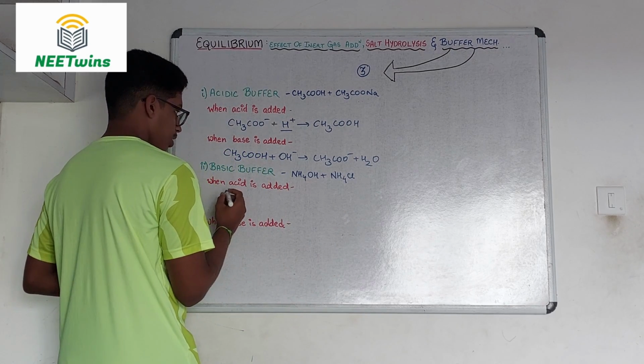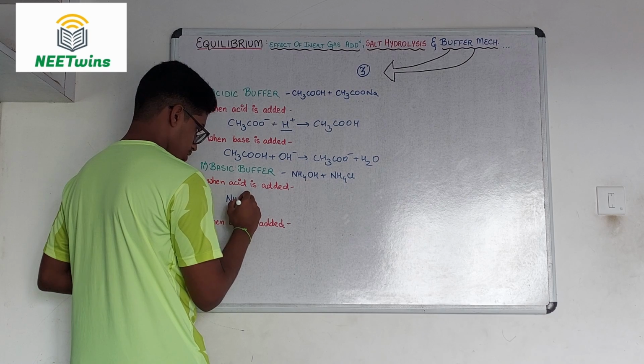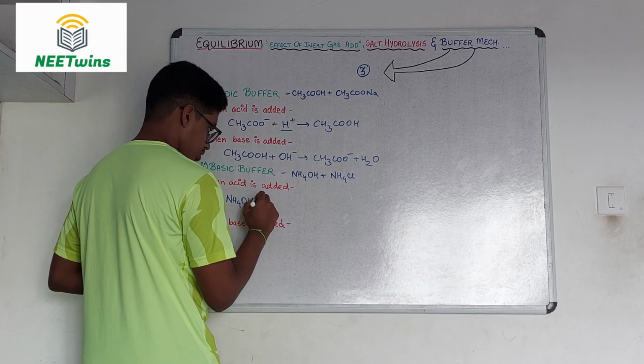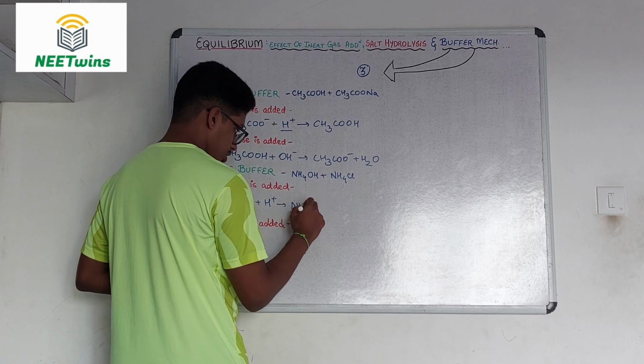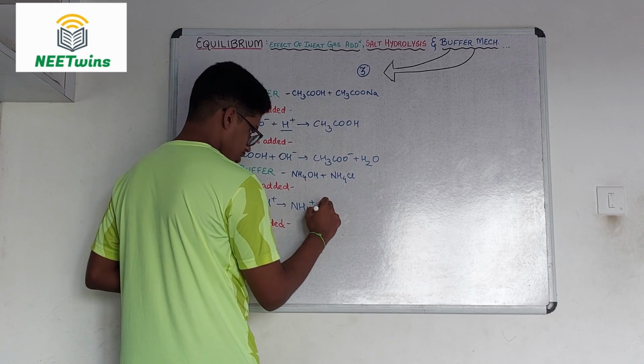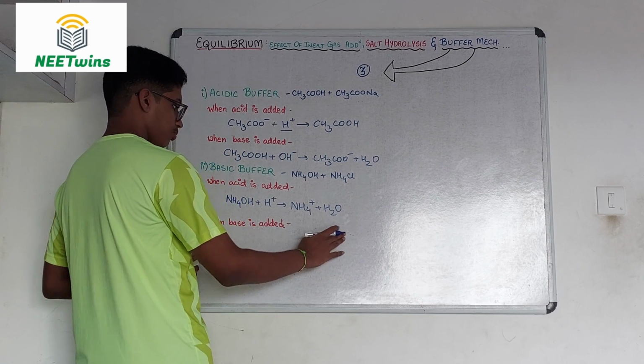So what happens when an acid is added to this, that is H plus ions? NH4OH plus H plus gives NH4 plus and H2O. So this has no effect on pH.